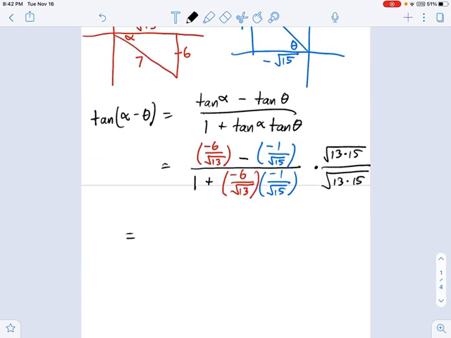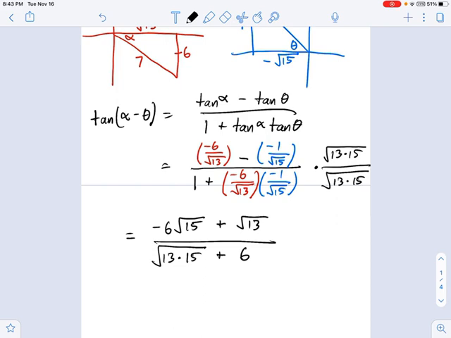The top left fraction times this factor becomes -6 times root 15. The next one is positive 1 over root 15, which means positive root 13 once I carry through that multiplication. On the bottom, we get root 13 times 15, and then plus simply the number 6.